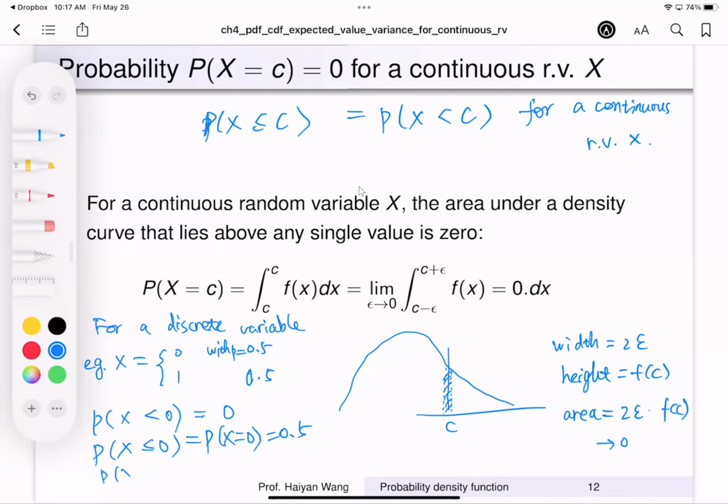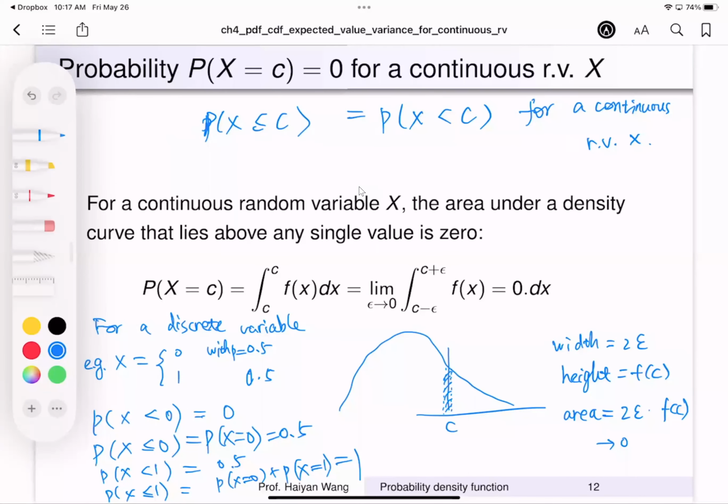Similarly, if you consider x less than 1, that's 0.5 because the only possibility is x being 0, which has half of the chance. And for x less than or equal to 1, the probability becomes 1 because we have x equals 0 plus x equals 1. These two scenarios add up to probability 1.